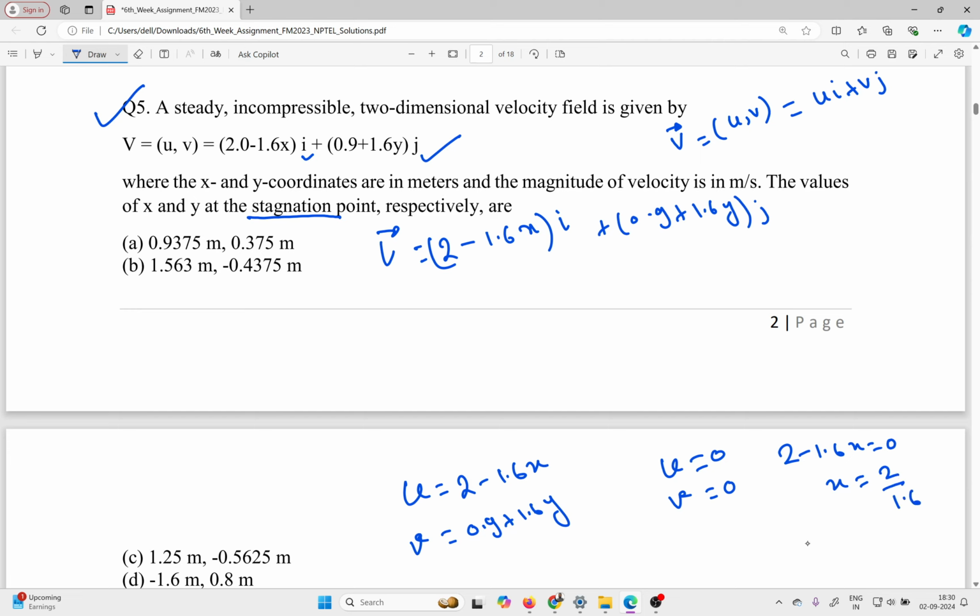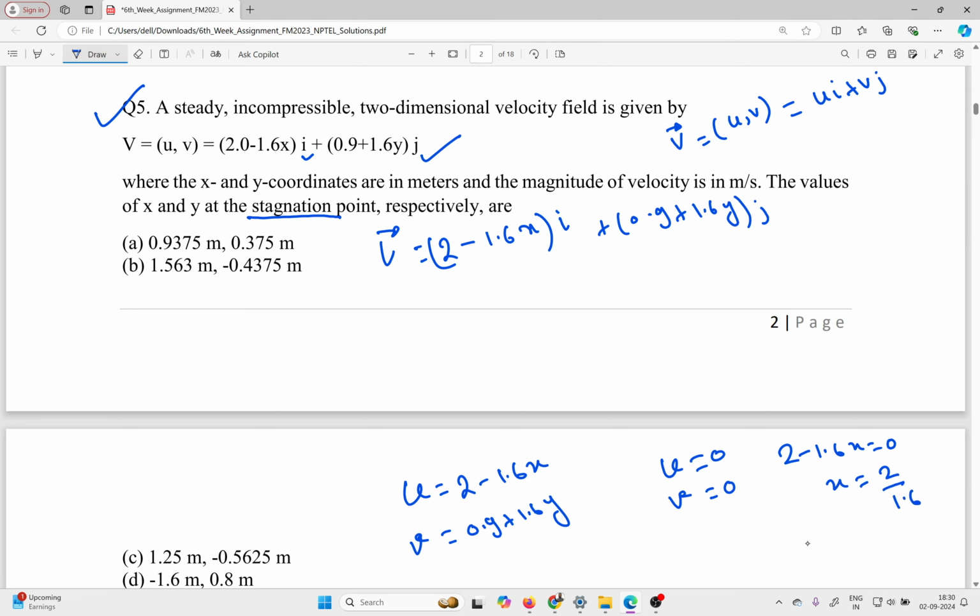That is option number C, 1.25. How? It will be 0, 8 ones are 8, then 0.25. So similarly for that also, option C will be correct.